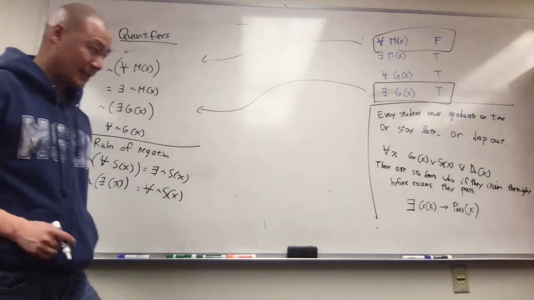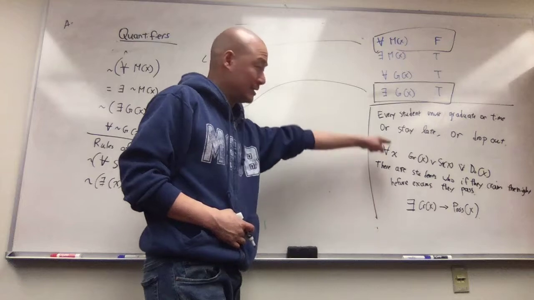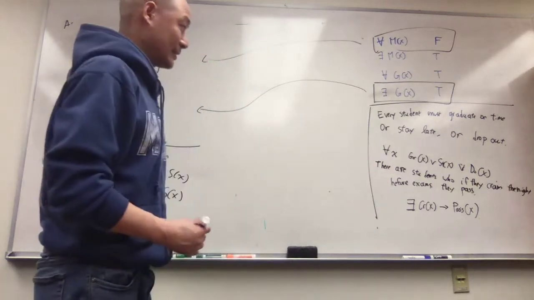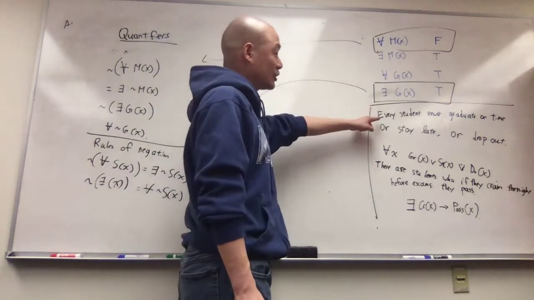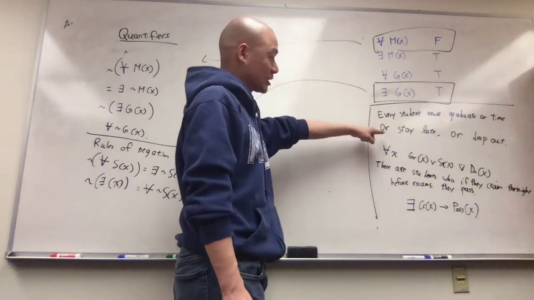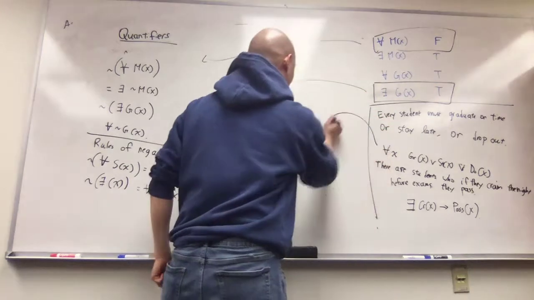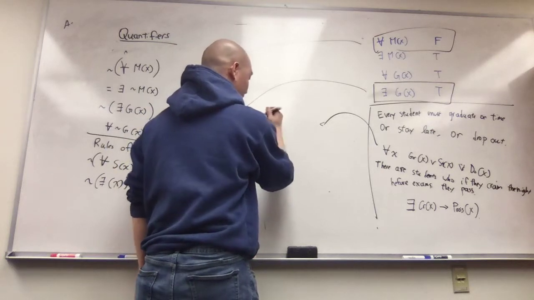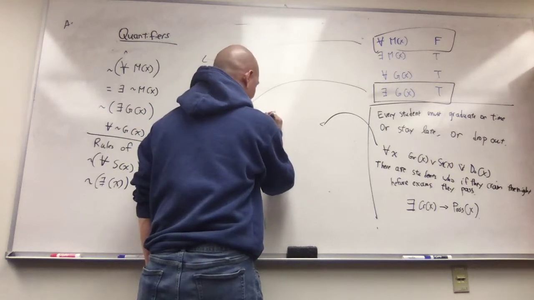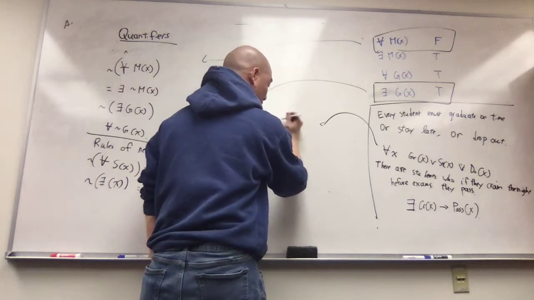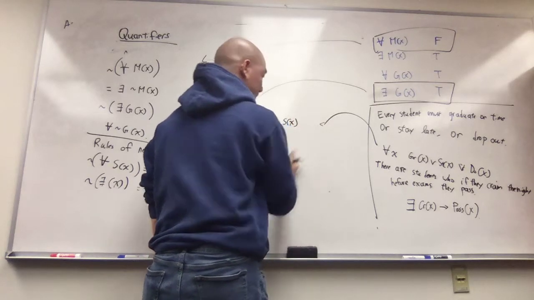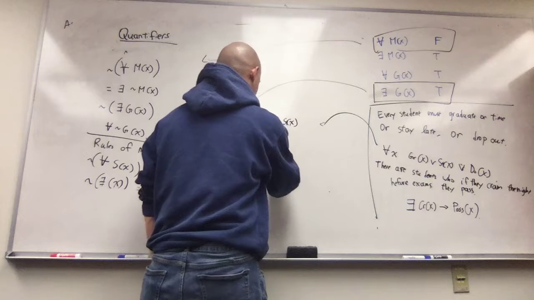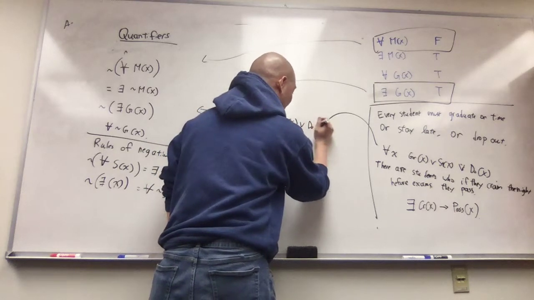And this applies even to compound statements like this. So every student must graduate on time or stay late or drop out. If we were to negate that, we really are negating the statement. For every student, you either graduate or stay late or drop out.